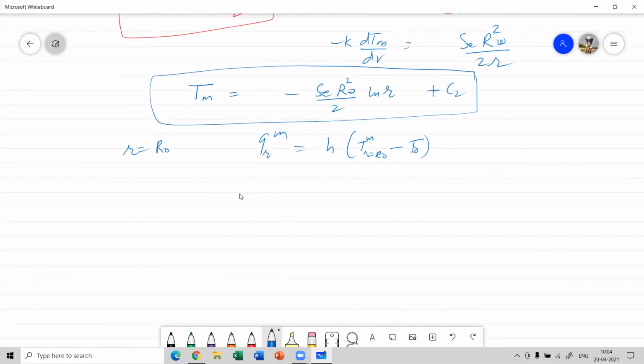So from here we have TR at R equal to R naught, that is for the metal. It will be QRM by H plus T naught. And what is QRM?